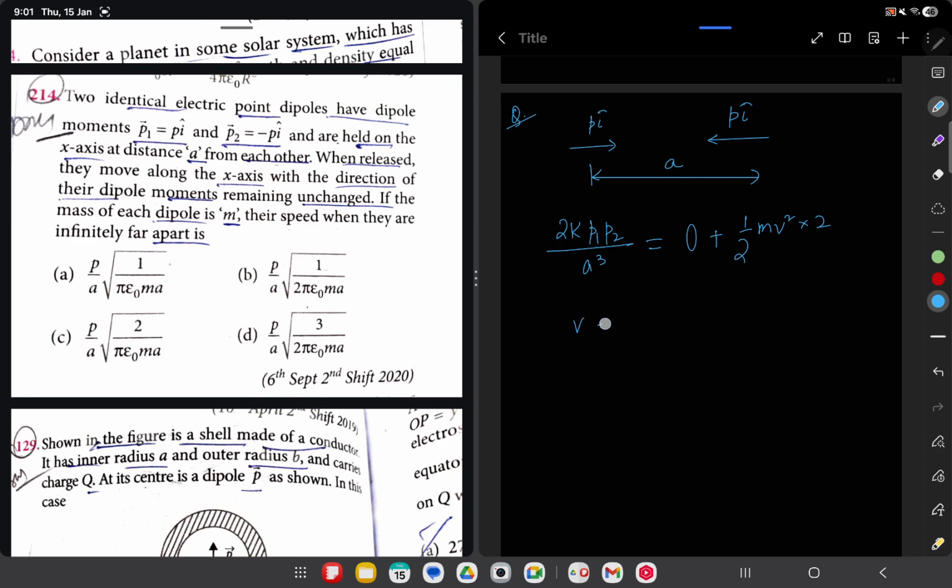That means you can clearly find p1 p2 is equal to p square. You can write k as 1 by 4 pi epsilon naught. So the speed will be 1 by 2 pi epsilon naught m a.